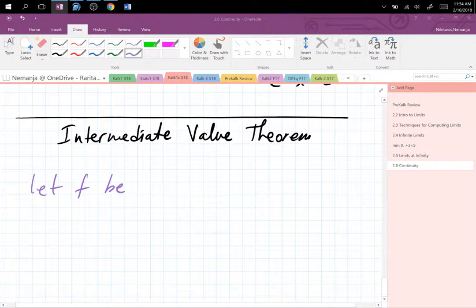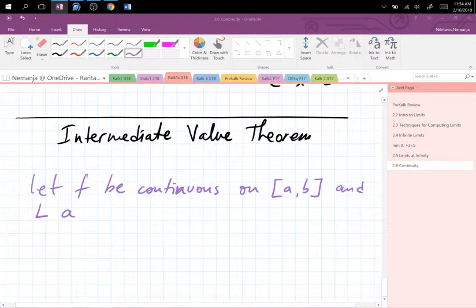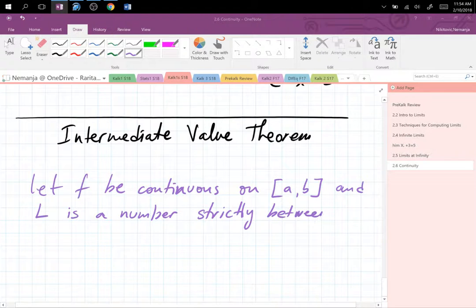Let f be continuous on the closed interval [a, b], and L a number strictly between f of a and f of b.